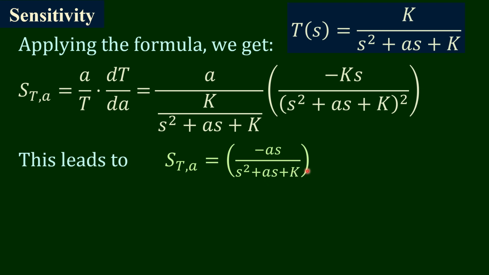Now in this whole scenario, if we are looking for a large value of K, the sensitivity will be small. This means if the loop gain is very high, the transfer function T of S will be less sensitive to the change in parameter A.